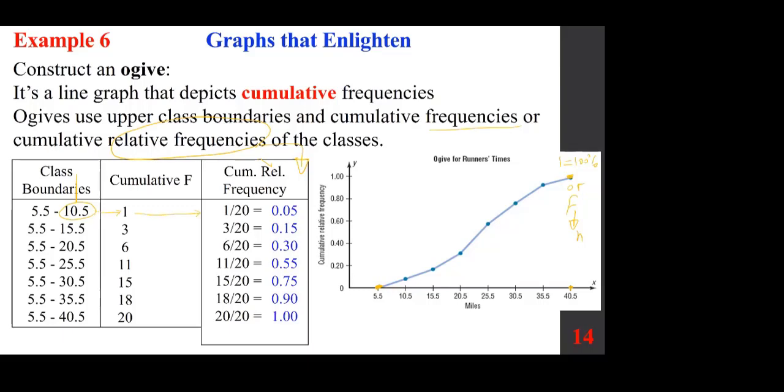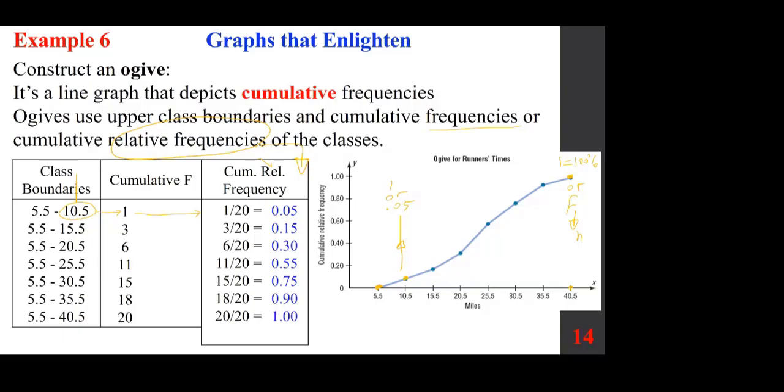So look at this number. At top of 10.5, you either have number 1 or number 0.05. You use 1 if you're dealing with frequencies.